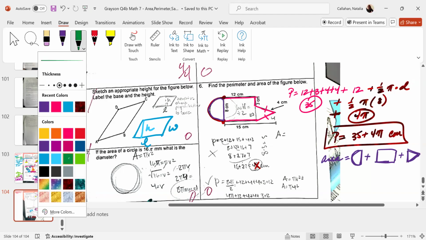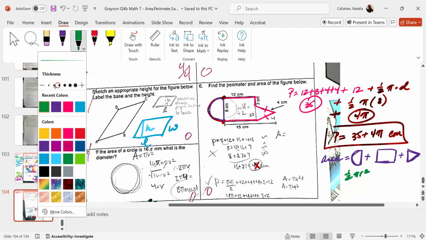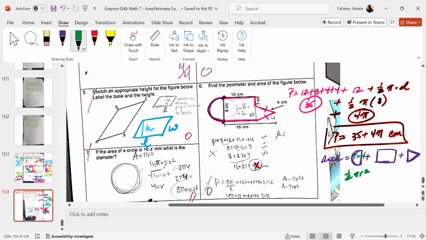So semicircle is 1/2 pi r squared. What is the radius? Good. So 4 squared is 16. Half of 16 is? Take your time. Yep, you got it. But take your time. If you need to take your time, that's fine.